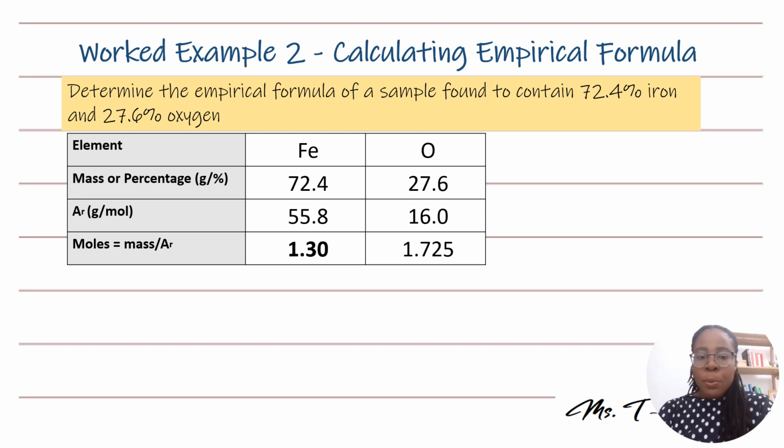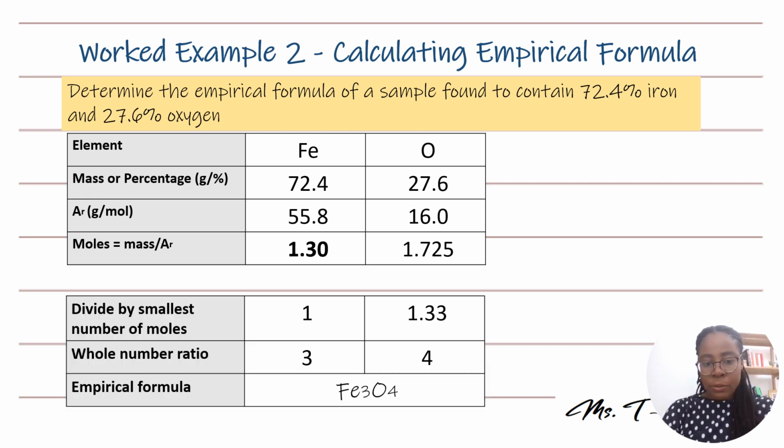Our next worked example, so this time we're dealing with percentages, but we deal with percentages in exactly the same way as we do with masses. So still percentage this time divided by relative atomic mass, which gives us 1.30 for iron and 1.725 for oxygen. 1.30 is the smallest of the two, so we'll divide both values by 1.30, and that gives us a ratio of 1 to 1.33.